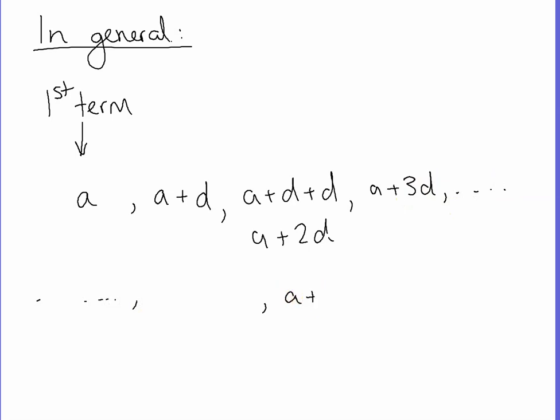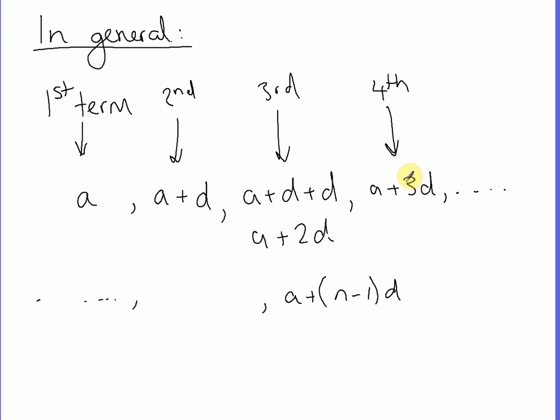So if this is the first, this is the second, then we have the third, then we have the fourth, you should be able to see there is one difference less than the number of terms, so we can write it like this. Now if we go back, you can see the number of differences drops down by 1, so the penultimate term would be n minus 2d's.